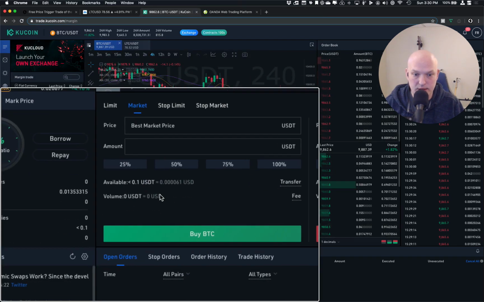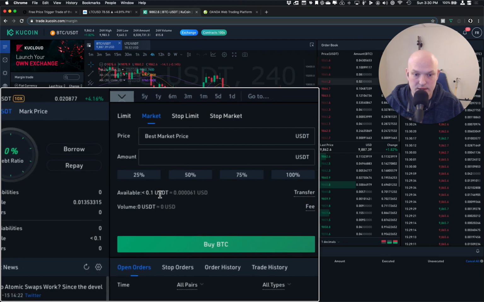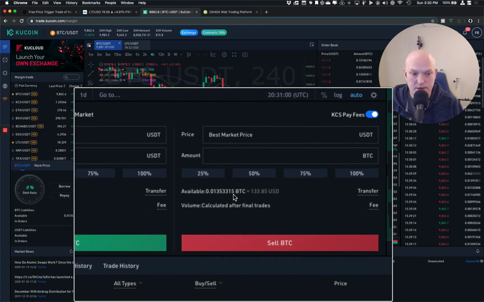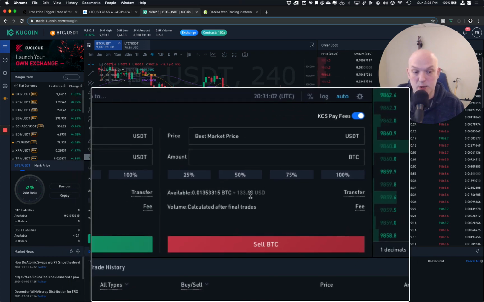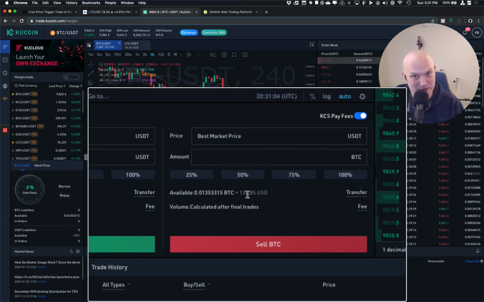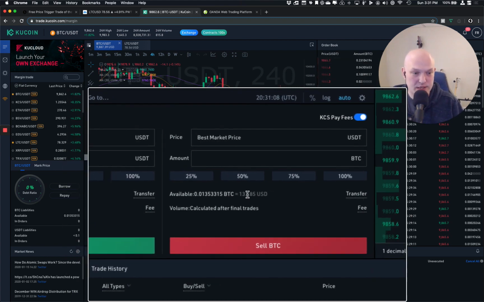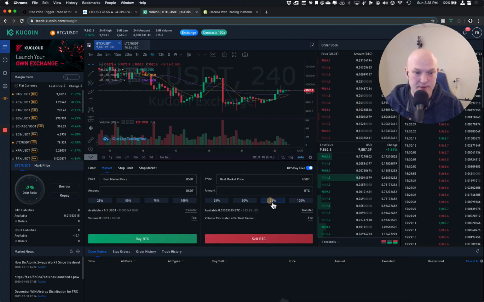If you look here, I've got 10 cents USDT and $133 of Bitcoin. By the way, I only put $100 in this account, but then we traded with it. Go PulseWaves. So with $133, I'm going to sell 75% of that into USDT. That'll give me about $100 to work on our Litecoin trade this week.